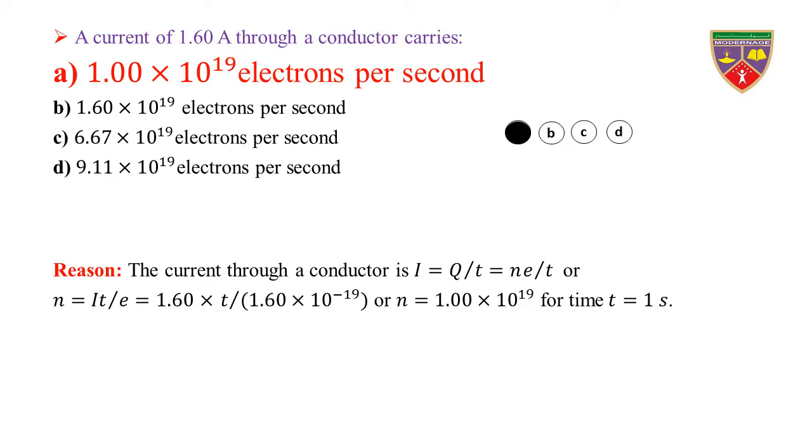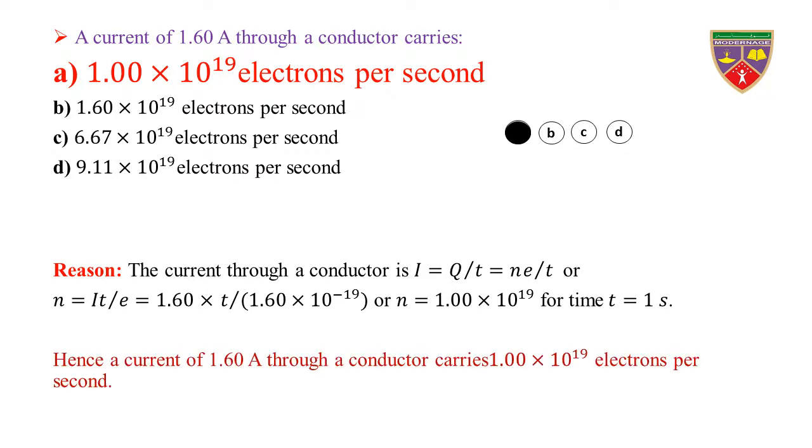So the number of electrons N equals It divided by e, which is equal to 1.60 into t divided by 1.60 into 10 power minus 19, where 1.60 into 10 power minus 19 is the charge of the electron, or N equals 1.00 into 10 power 19 for time t equal to 1 second.